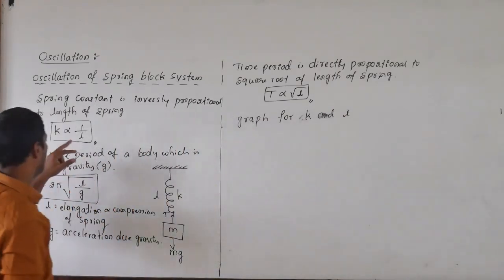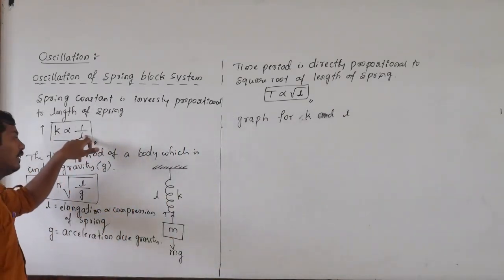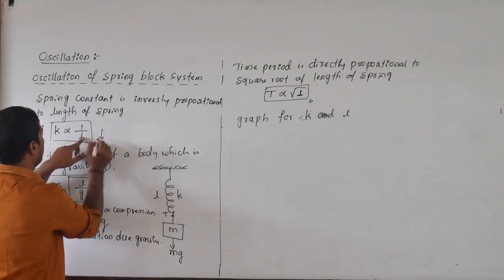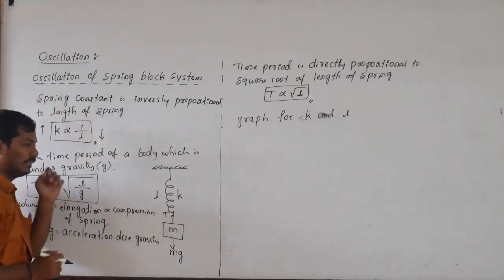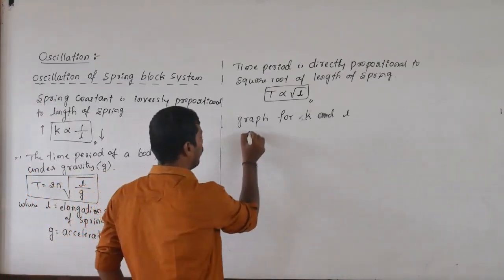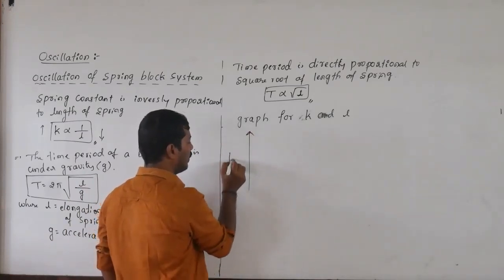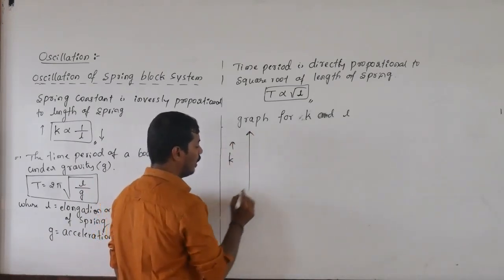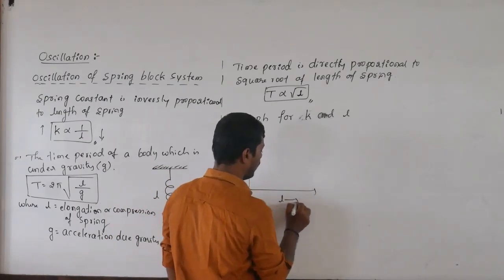Here inversely proportional. If the length decreases, the spring constant increases. Along the y-axis I will take the spring constant, and along the x-axis the length of the spring.